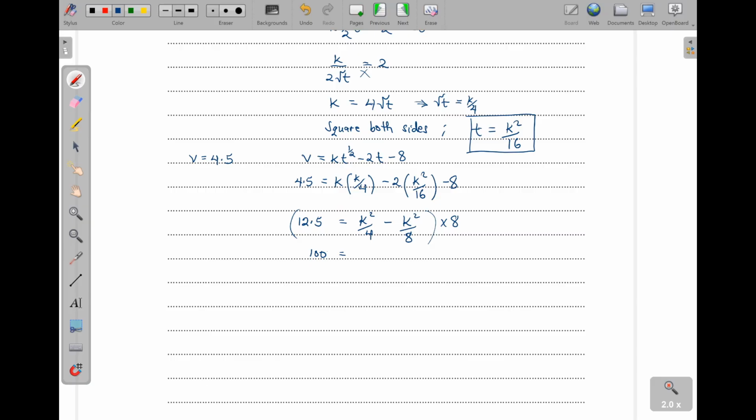Then when you multiply here by 8, you will get 2k squared, then here, of course, k squared. So meaning k squared is equal to 100. When you take the square roots on both sides, our k becomes 10. And remember, they said it is a positive constant, so we don't put plus or minus for this case.